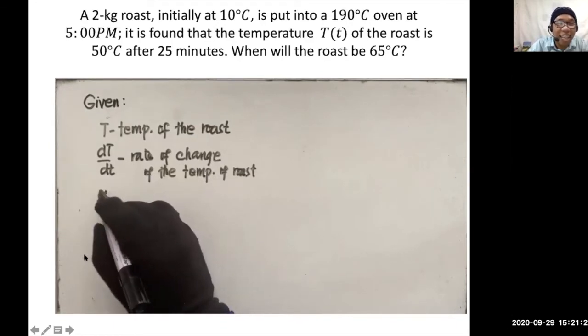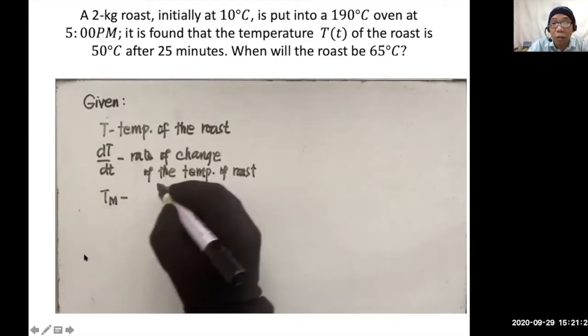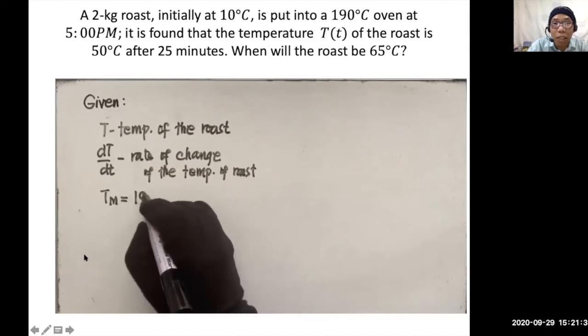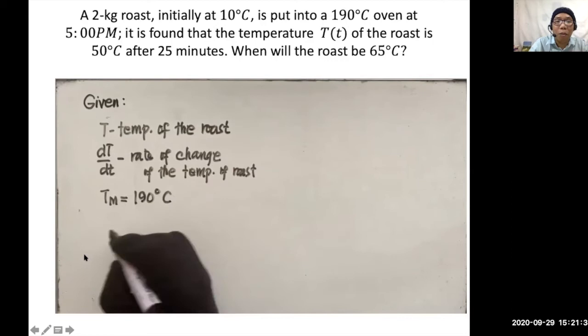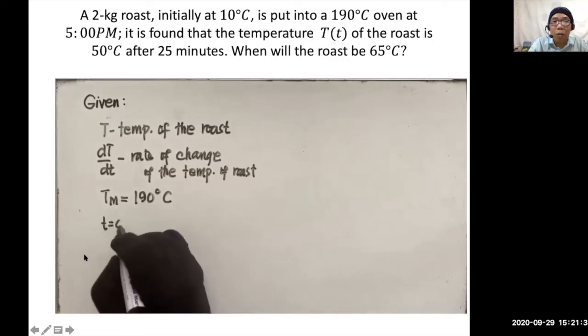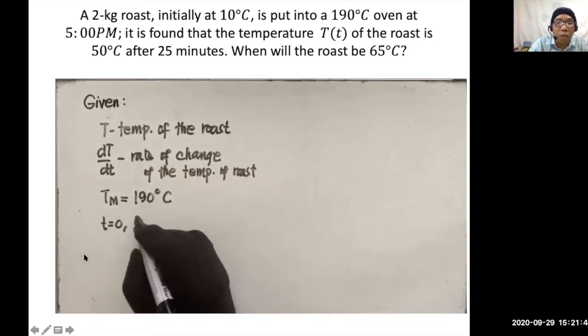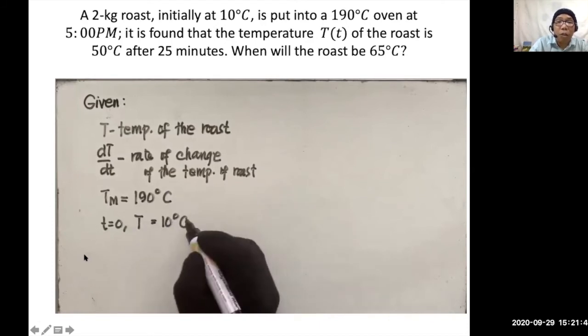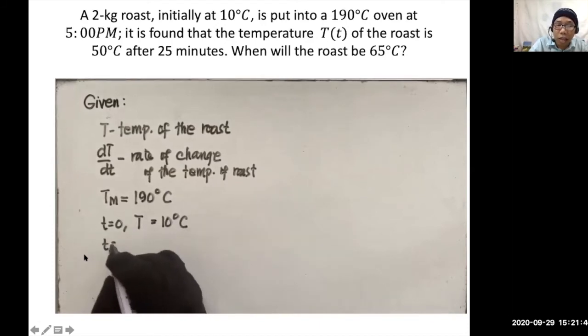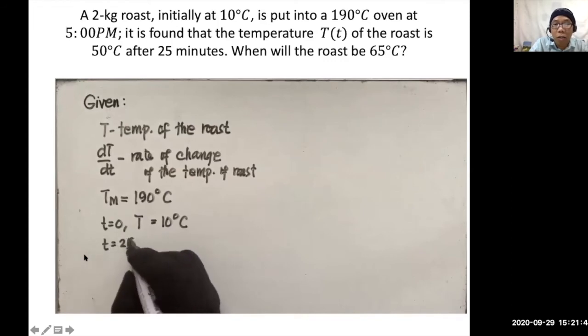Okay. Now, so we write also, alamin mo kung ano yung constant temperature dyan. So clear naman sa atin na 190 degrees Celsius is the constant temperature. Yun yung temperature ng oven na paglalagyan mo ng roast. So initially, at time is equal to 0, the temperature of the body, or in this case, yung roast natin, we don't know kung anong klaseng roast, is 10 degrees Celsius.